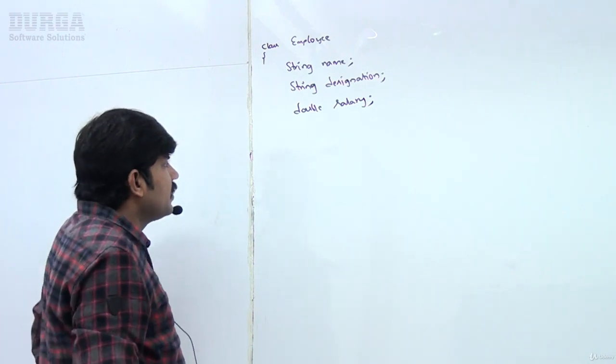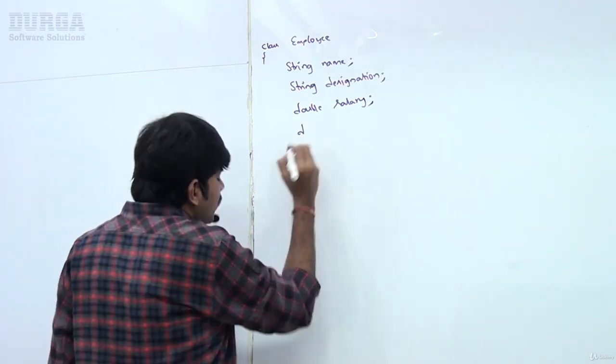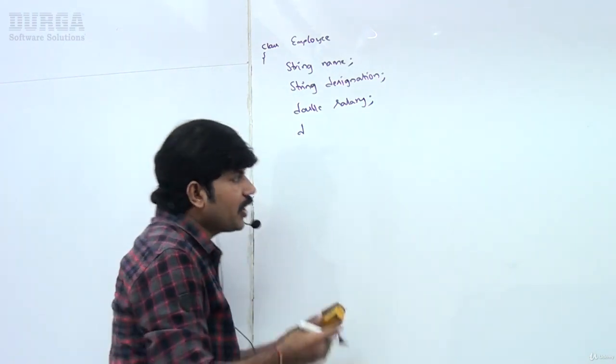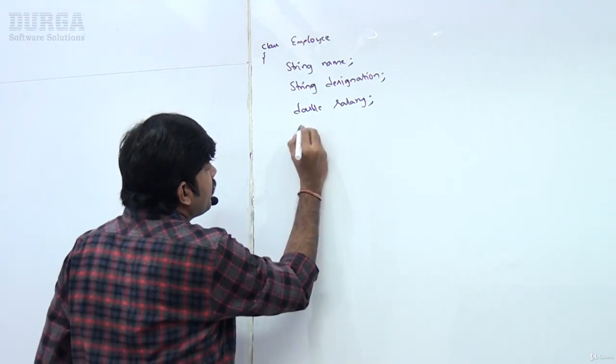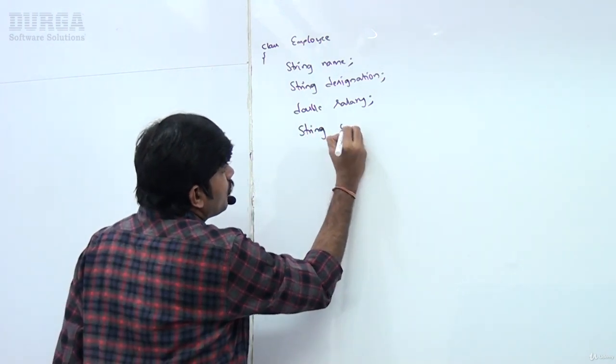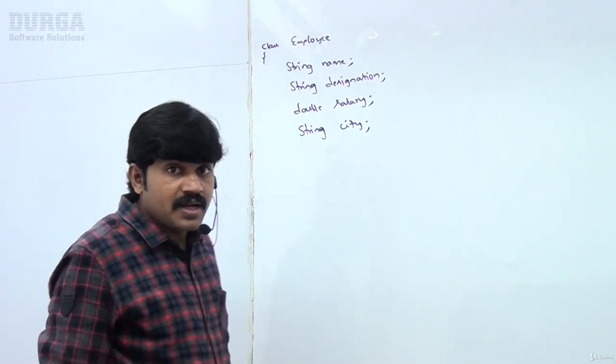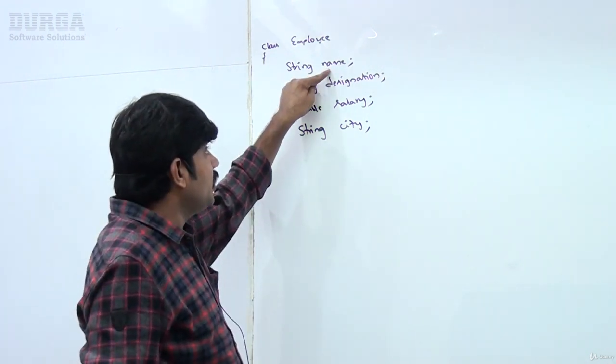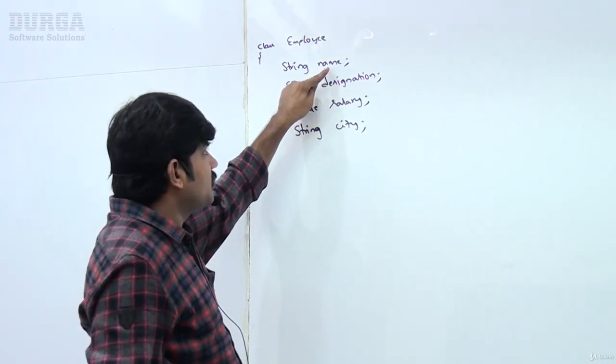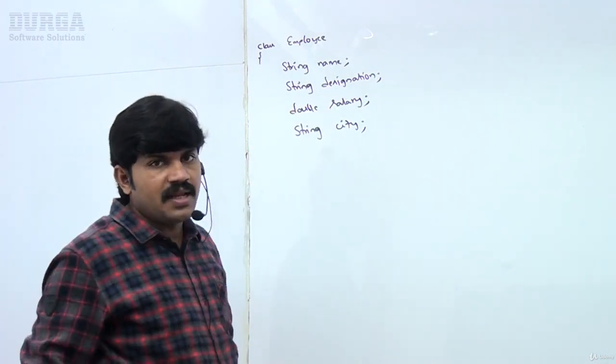Next I'm taking String city, the city this employee belongs to. In total, how many properties does each employee contain? Each employee contains 4 properties: name, designation, salary, and city.